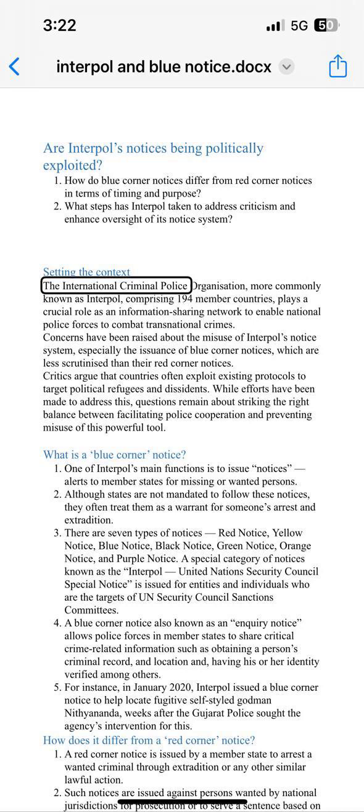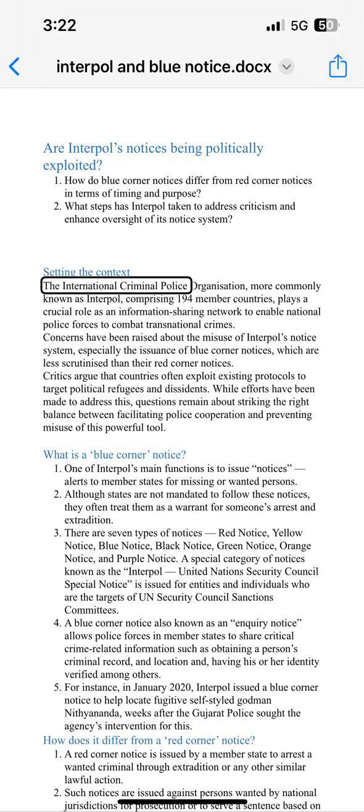It can write the special notice to the member countries saying that the offenders have committed a grave offense in another country, which is posing a great threat to international security architecture, and therefore you are held responsible to make such facilities for the international organizations to go and find out the person. Search the person. So that is the International United Nations Security Council special notice. You must remember all these things.